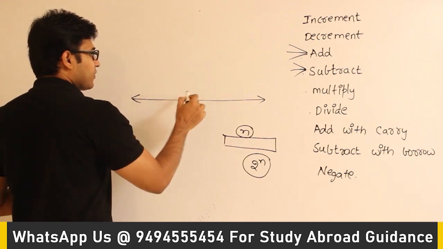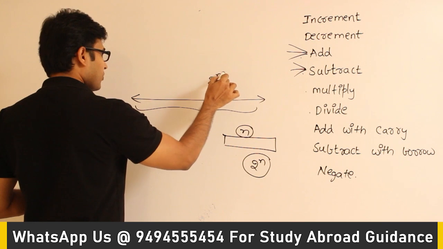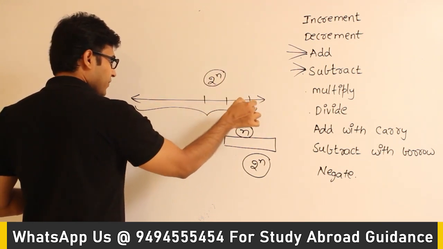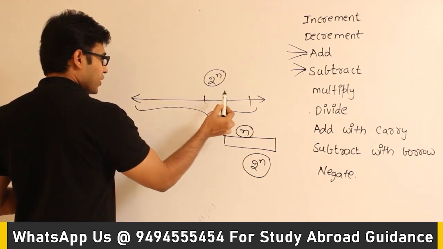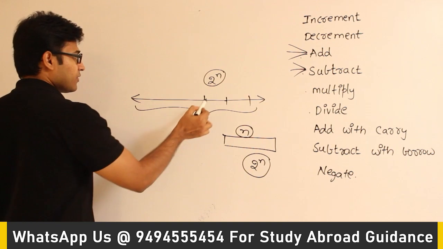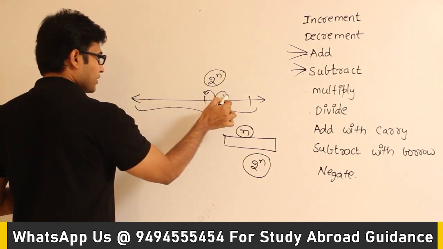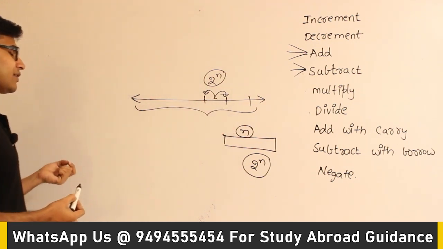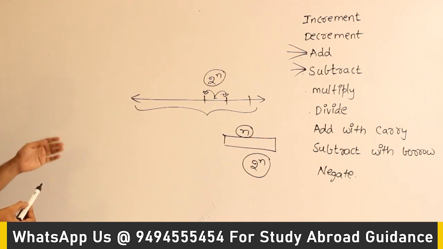Therefore we cannot cover all the points in the real number line using 2 power n combinations. So we cover some of them, and if the result happens to be in between two of the points we have covered, then we have to show that the result is either this point or that point, right? The difference is called precision. Which means we cannot accurately represent every number, but we give a close approximation.